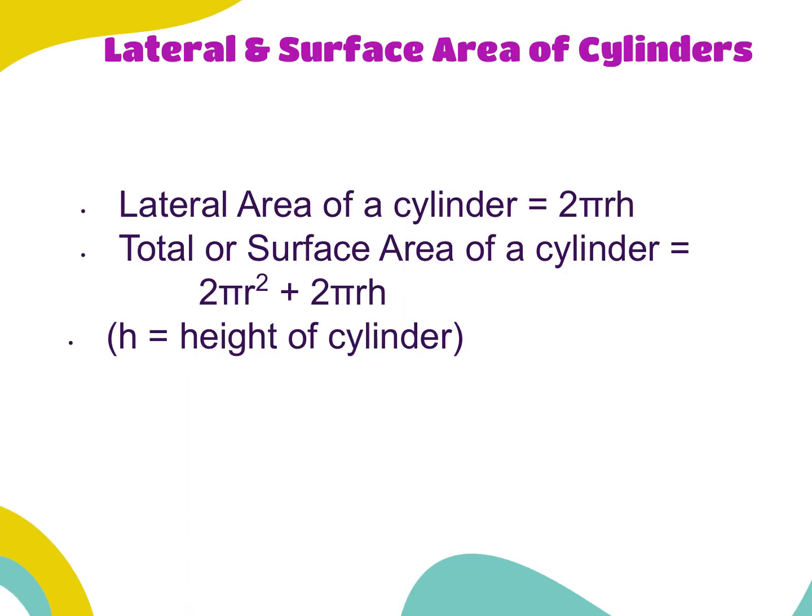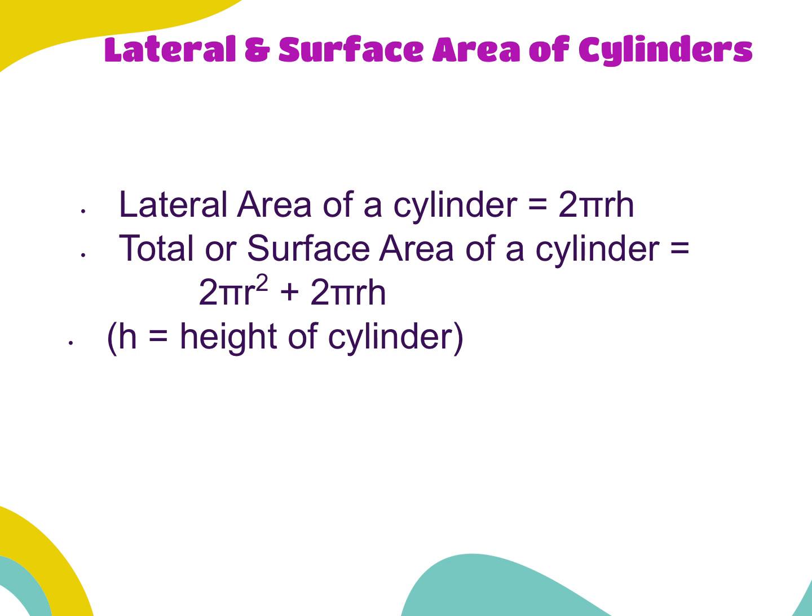And that formula to calculate surface area of a cylinder is going to be for the lateral area, and I showed you with my piece of paper how I unrolled it, that when you unroll it, it makes a rectangle. And that lateral area is 2 times pi times the radius times the height.